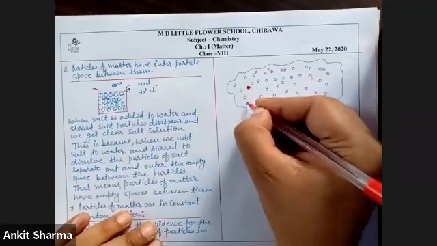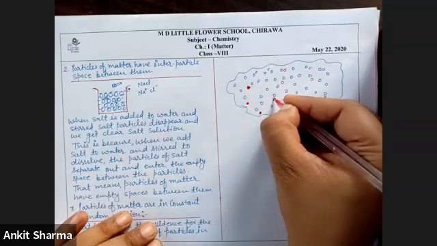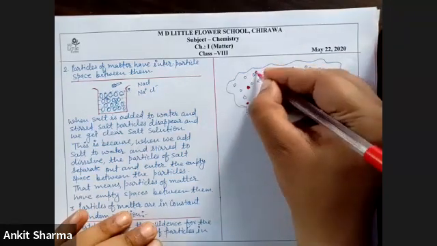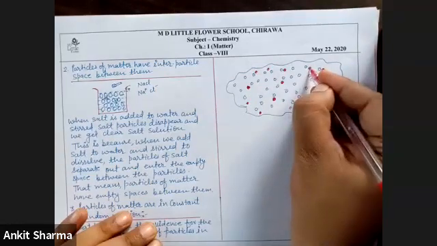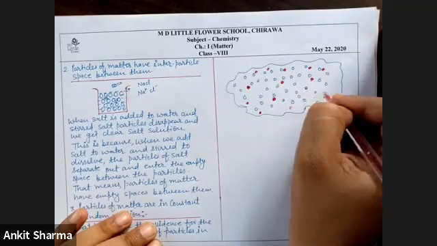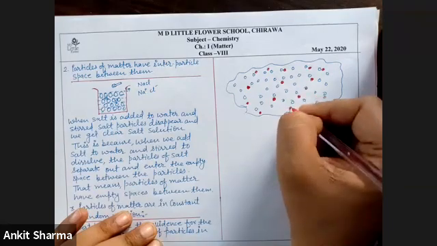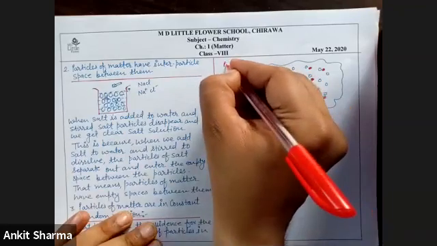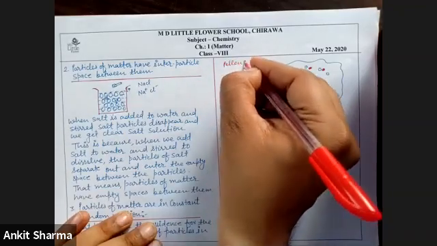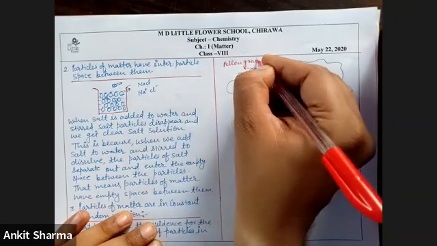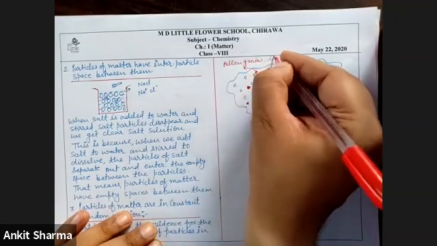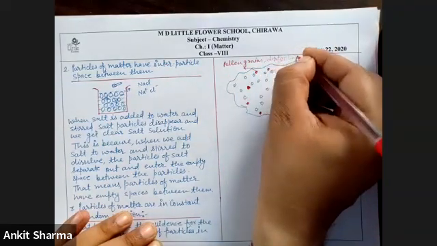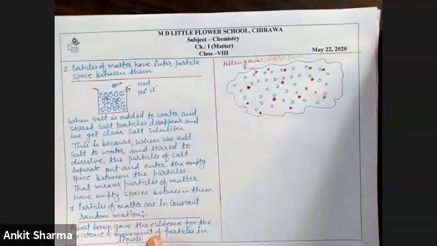Let's highlight them. These are the pollen grains or dirt or husk. Okay.